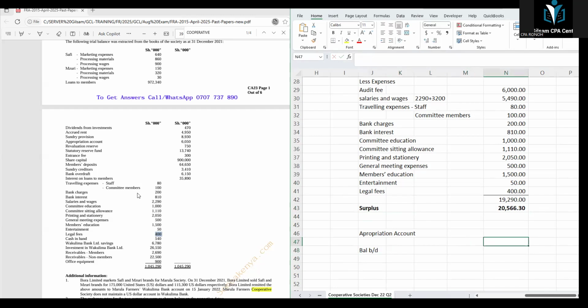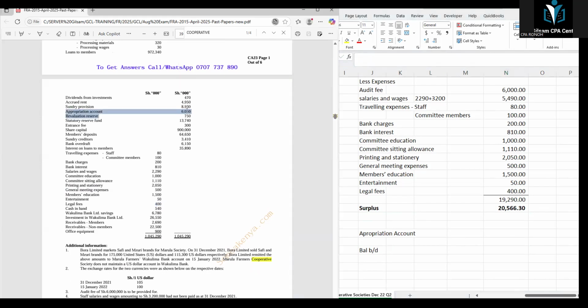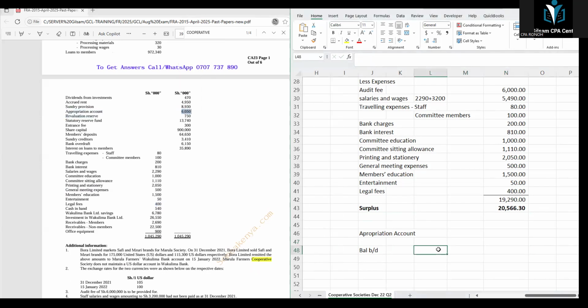How much do we have as per the trial balance? It should be on the liability side. Yes, we have this one, 60, 50. And then the net income or surplus. We have it here as our surplus.